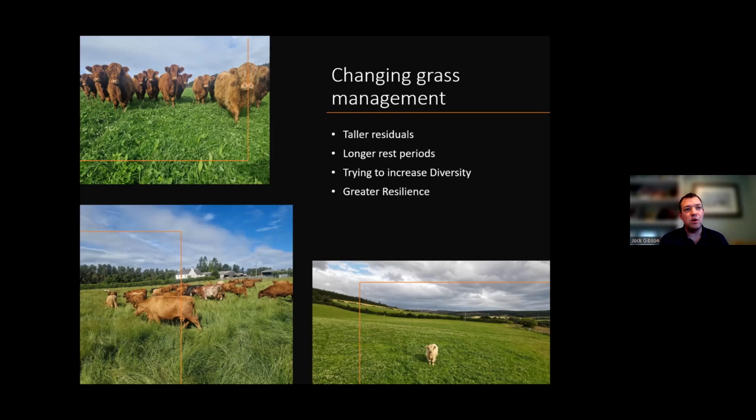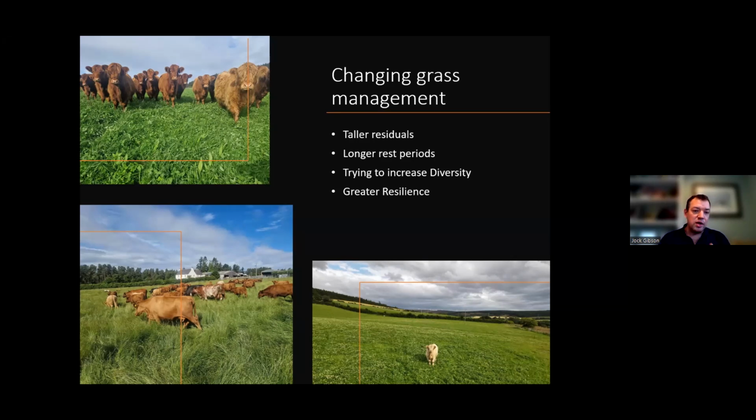But we are on quite heavy ground. So whilst that helps us in periods of dry, during wet we can get quite bogged down. So those taller covers help keep us out of the mud slightly.